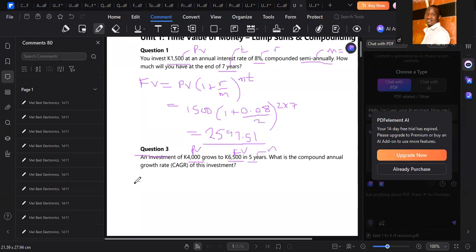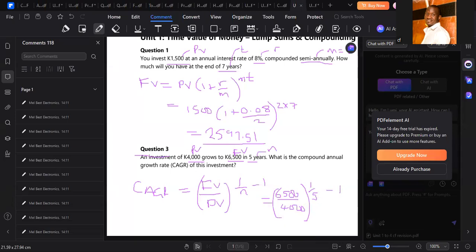So the compound annual growth rate is equal to future value over present value, to the power 1 over n, minus 1. So what we get here is 6,500 over 4,000, to the power 1 over 5, minus 1.